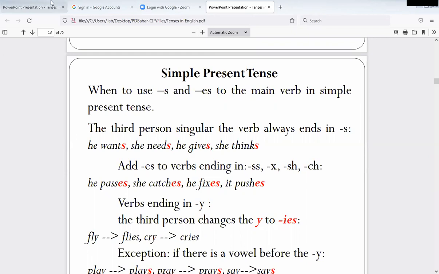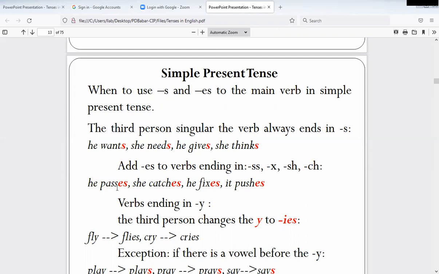So if s, x, sh, ch comes at the end of the verb, we add ES as a suffix. Let's see examples of verbs ending with s, x, ch, or sh.